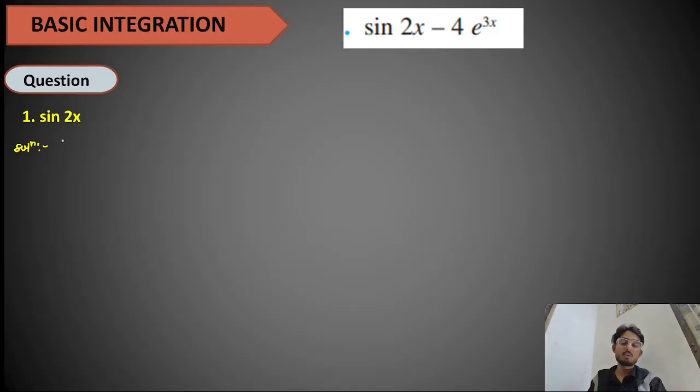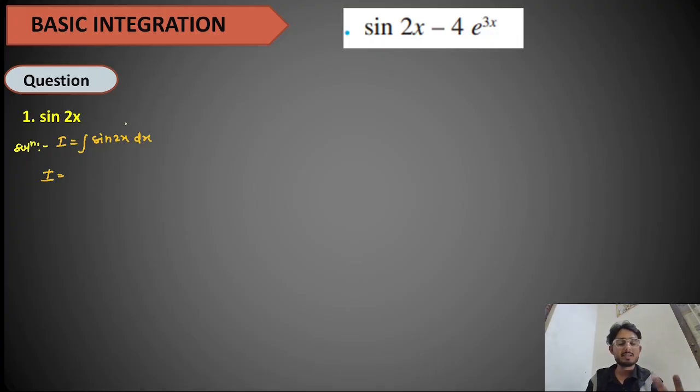Sin 2x. So first of all, you will write I equal to integral of sin 2x dx. Now we will do this question step by step, first step, second step, third step. Here it's a trigonometric function. In integration you have to eliminate multiplication between terms.